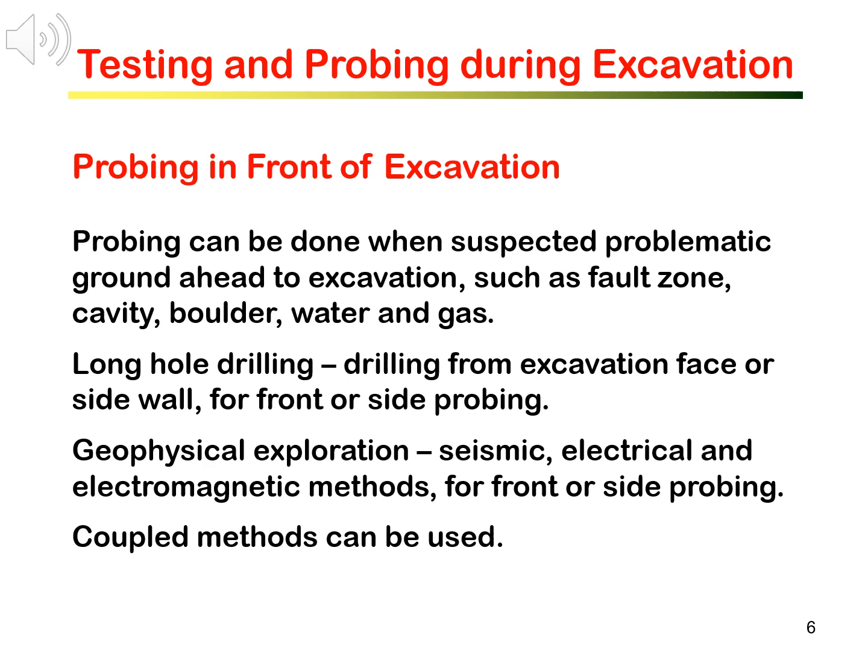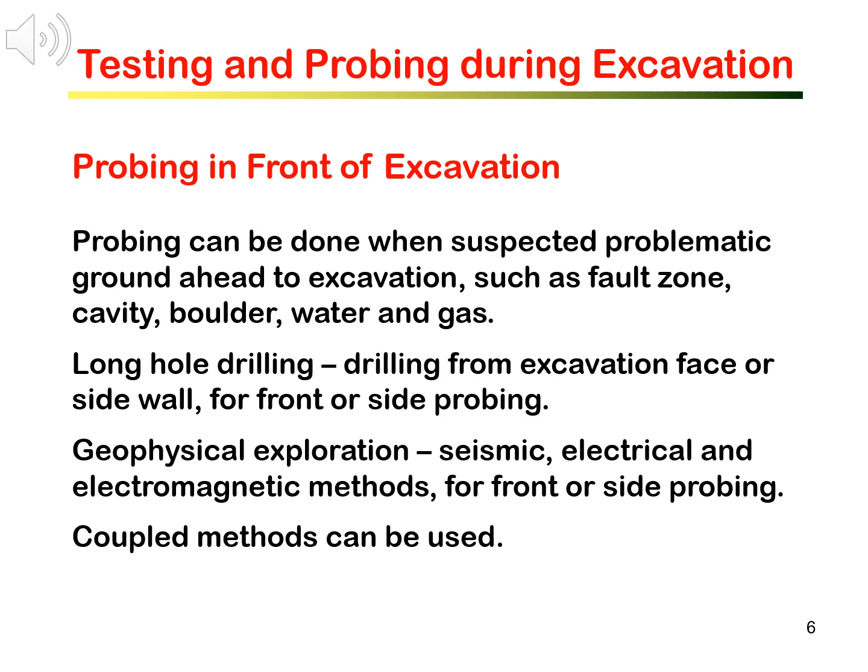As the site investigations from the surface are often not able to provide sufficient details for grounds with suspected problematic features ahead of excavation, such as fault zones, cavities, boulders, water and gas, probing is the most effective way to check and to detect such features.